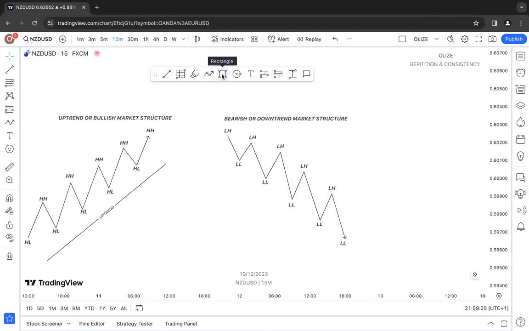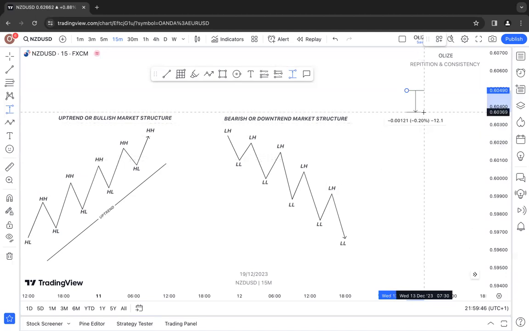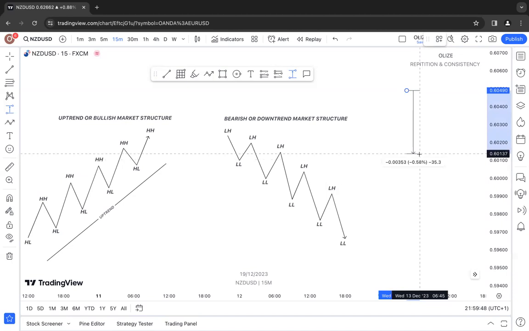Anyone having a question on how to use these tools before I move on? Yes, sir, the price range, I've never used that. Okay, so price range, this is how it works. Let's say you want to calculate how many pips price has covered.